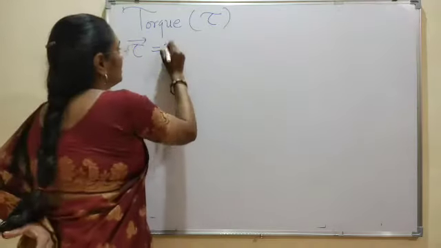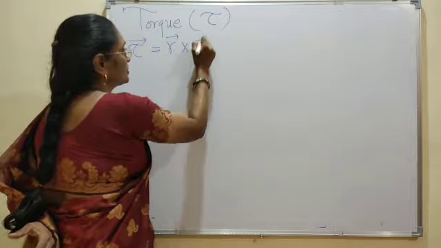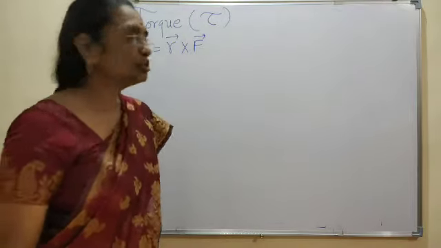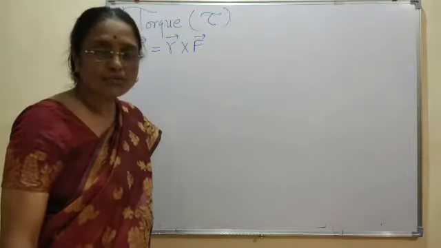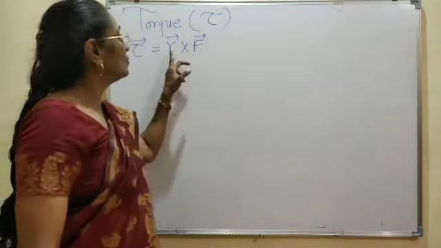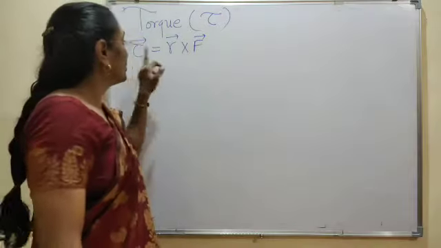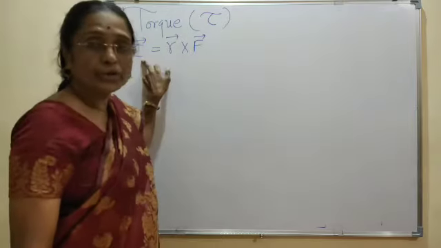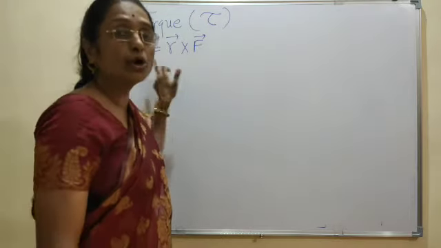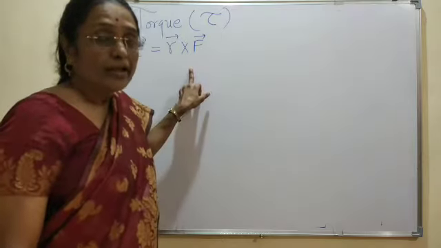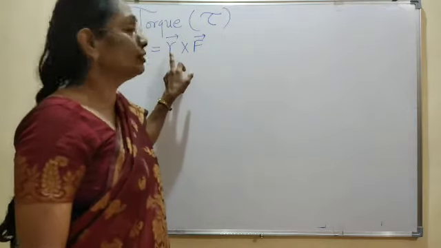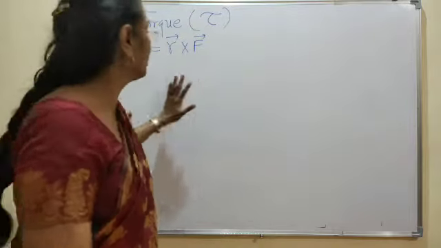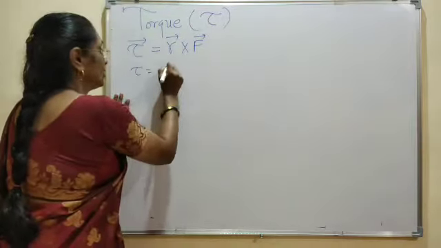Its basic relation is vector r cross f, where f is the force acting on a particle situated at distance r from the axis of rotation. Then tau is equal to r cross f. Tau is perpendicular to r as well as force, or we can say tau is directed along the axis of rotation and perpendicular to both r and f. So from this basic equation, tau is equal to r f.